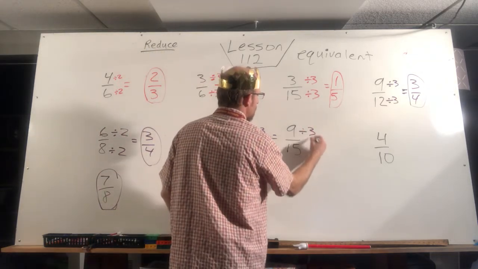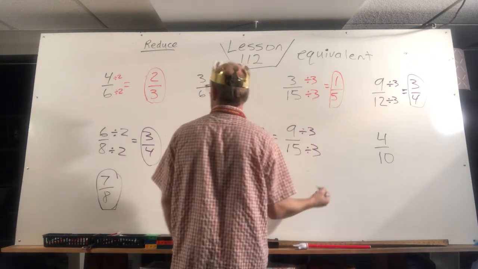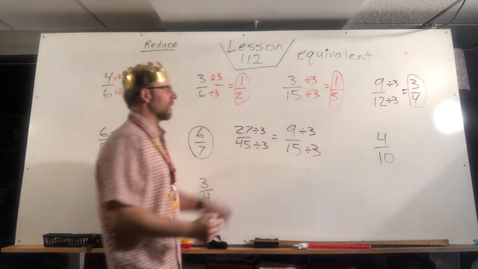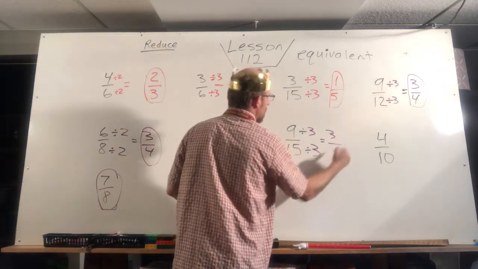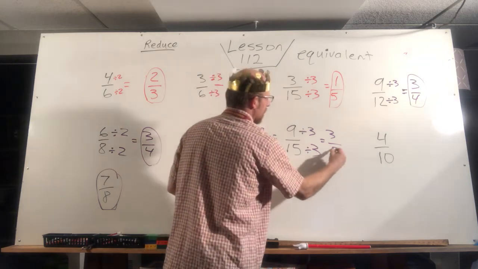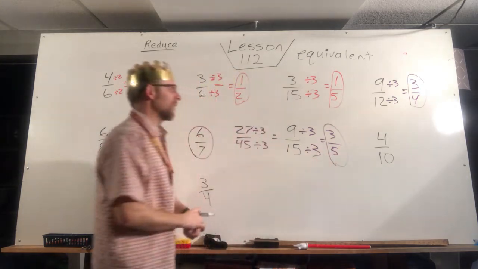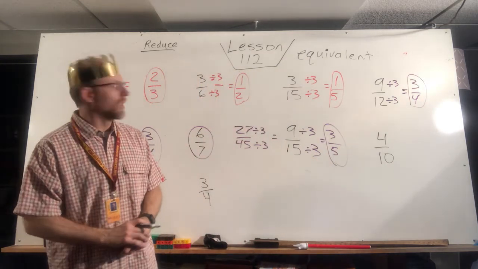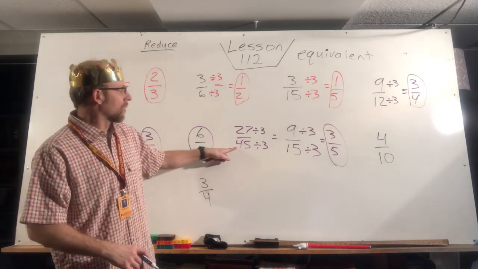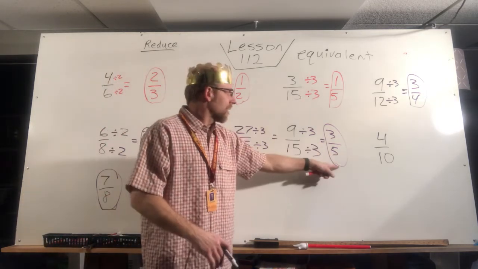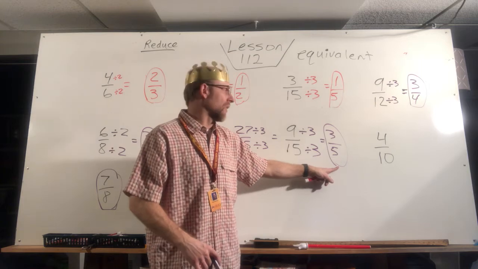Divide by 3, divide by 3. 9 divided by 3 equals 3. 15 divided by 3 equals 5. So 9/15 is the same as 3/5. So really 27/45 reduces to 3/5. That's how you figure that one out.